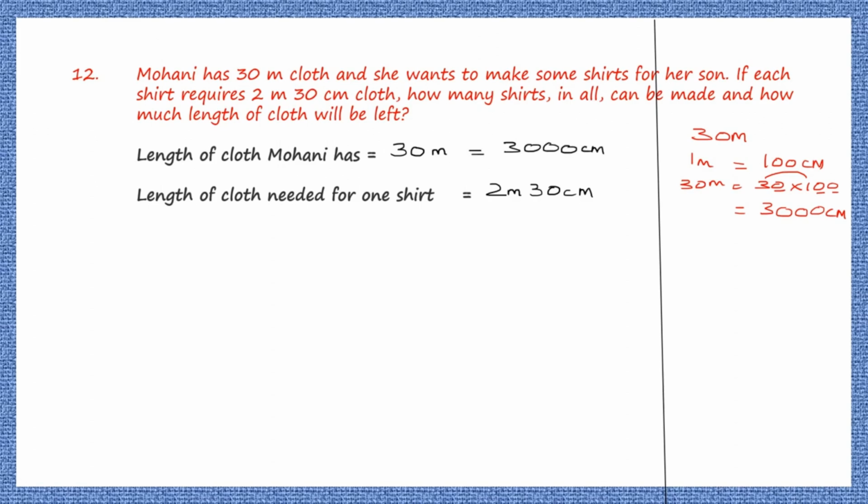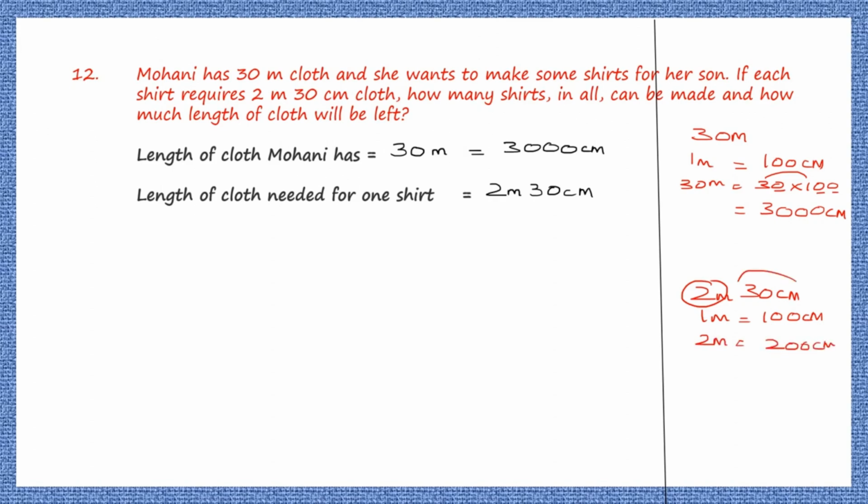Now let's take up 2 meters and 30 centimeters and convert it. So we have 2 meters and 30 centimeters. So 1 meter is equal to 100 centimeters. So let's convert this 2 meters. 2 meters will be 200 centimeters.